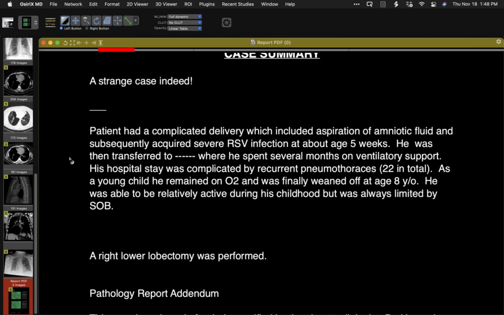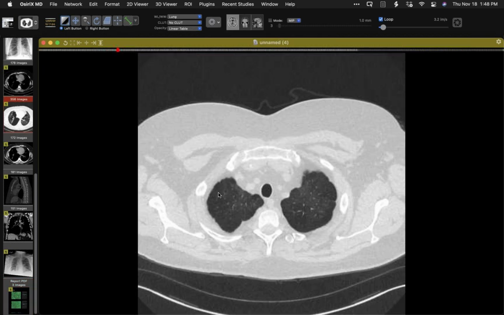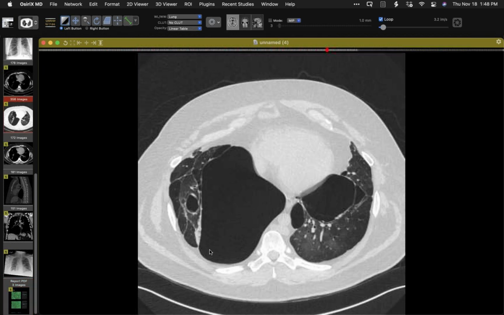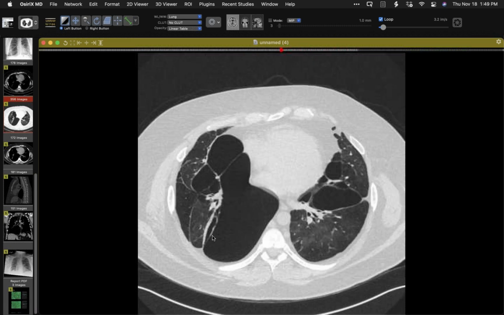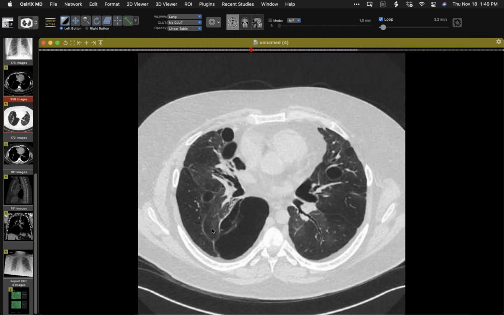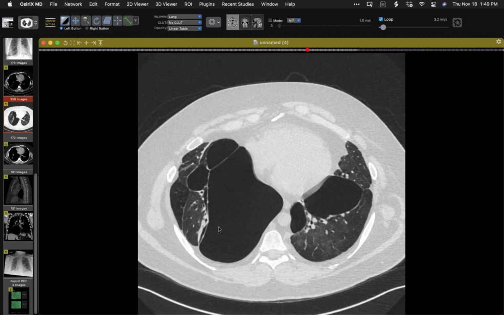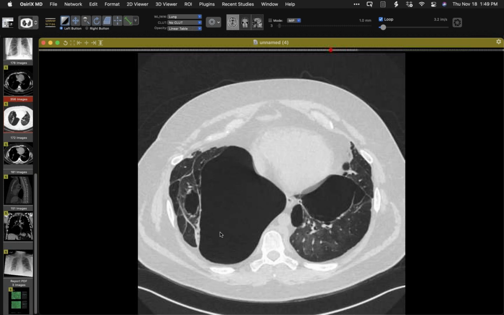So like a very strange occurrence. When I looked at this, I thought, well, several things: to what extent are these large cystic spaces in the right lower lobe, occupying most of the lower lobe, really affecting overall respiratory function? And I'm not sure that one can tell that readily.